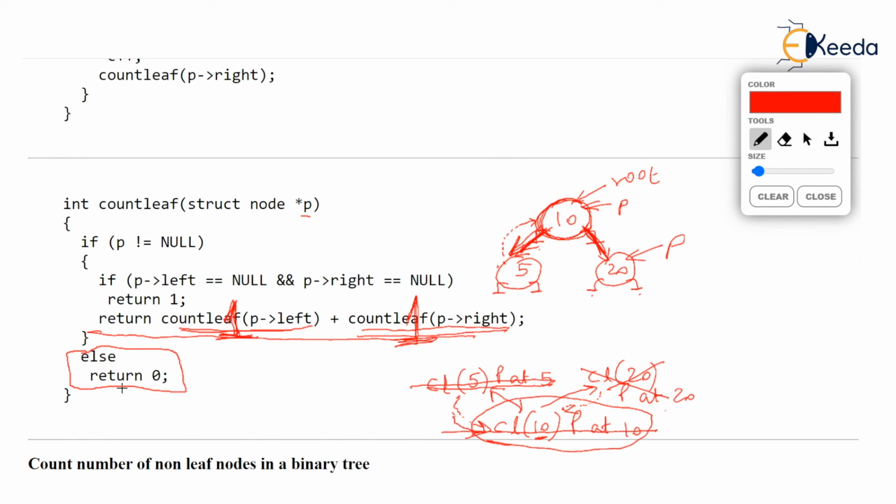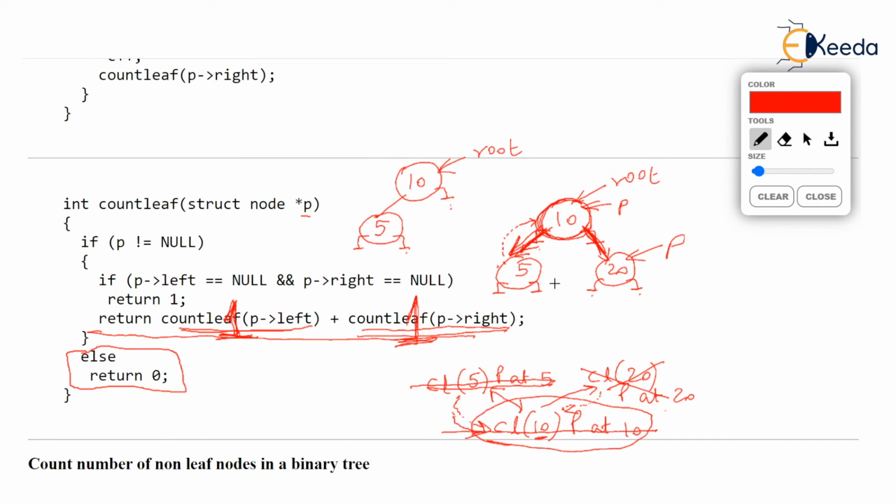I am not running it all over, but if we have this kind of input, let's say 10, then left of this is 5, and left and right of 5 is null, and right of 10 is null. Check this. Root is pointing here.